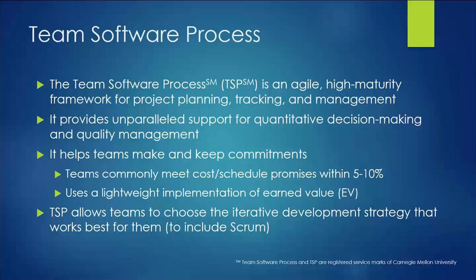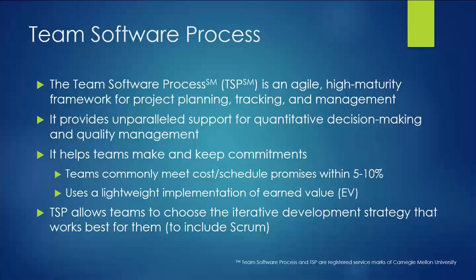Just like Scrum and other Agile methodologies, TSP was developed as a pendulum swing back away from that heavy-handed top-down project management philosophy that had been proven to perform poorly on software development projects. So the team software process is also an Agile method that introduces some very high maturity concepts and a framework for planning projects, tracking your projects, and managing the work that you do.